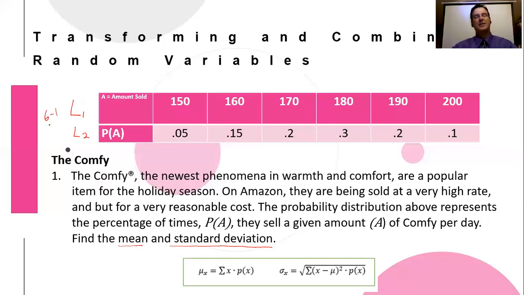Take a moment on your own, pause this video, put those in L1 and L2, and find the mu sub x and the standard deviation of x. That is from our previous lesson. You've got to remember how to do that, and I'm going to show you how we'll use it on our next slide. So hit pause, give this a shot, and we'll talk in a moment when you have calculations for each.